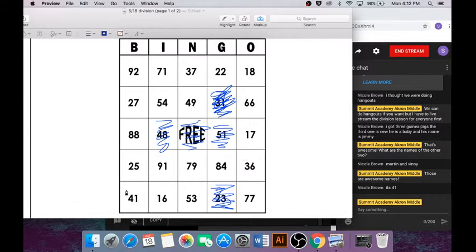Hmm, 41 is down here. So it looks like we could get a bingo this way, or this way.